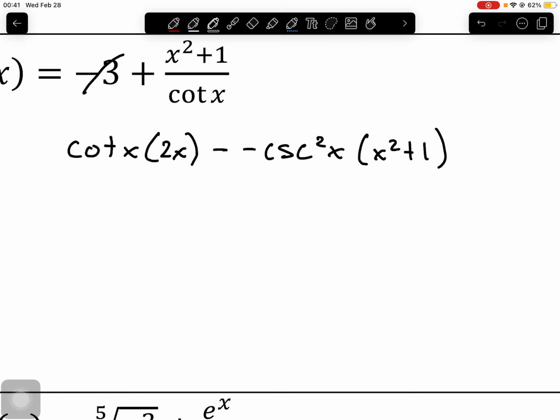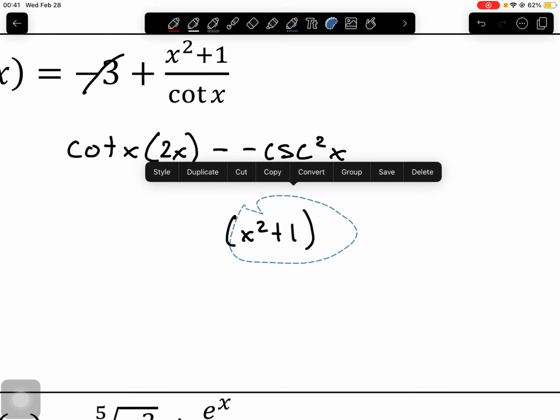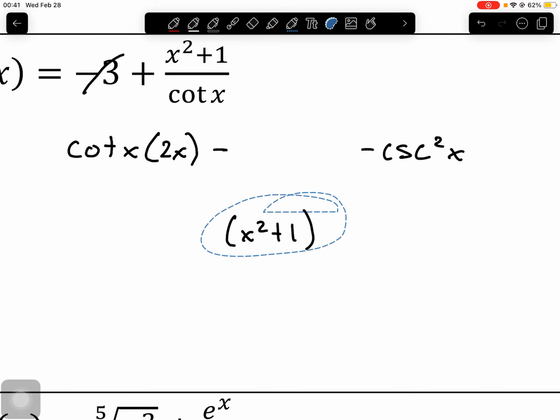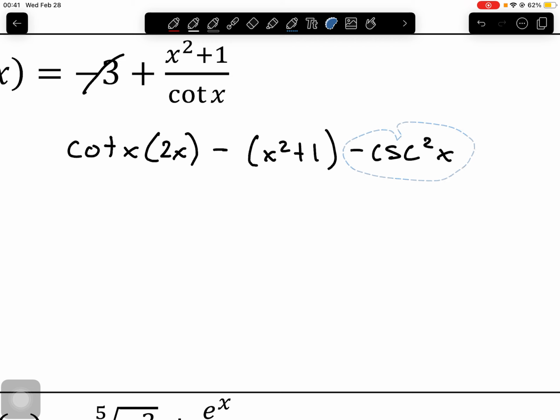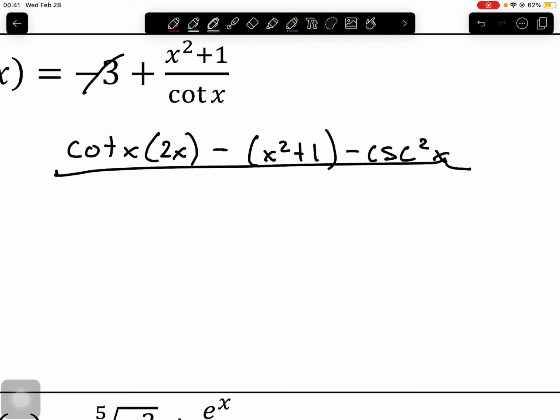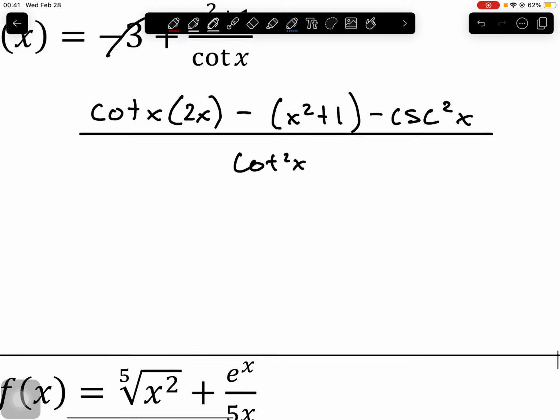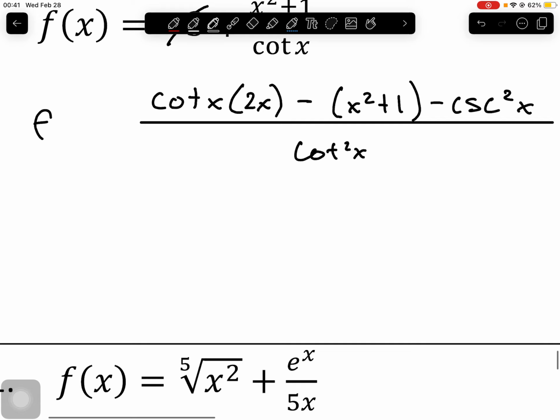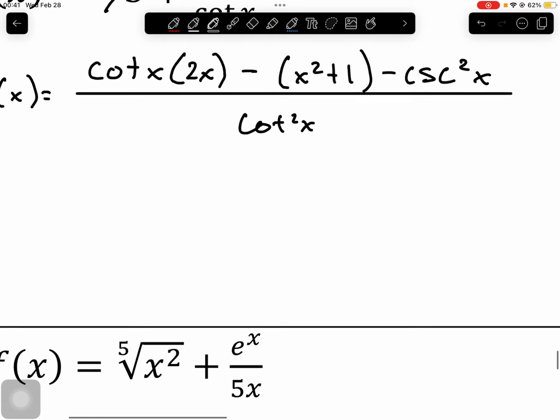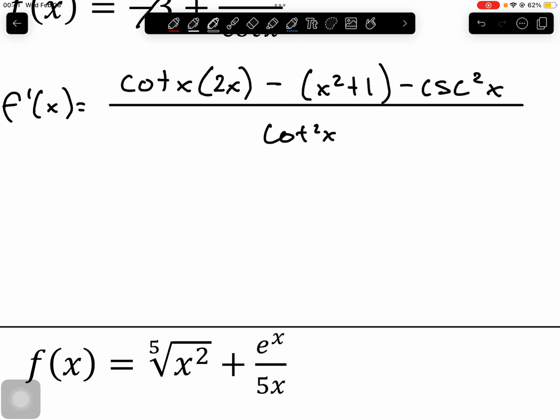Wait, I think I did the order incorrectly. Just a second. It's the same thing, but there we go. Now it's perfect. And then all of this is going to be over cotangent squared. So now I'm just going to combine it all. Don't forget to write the f derivative.